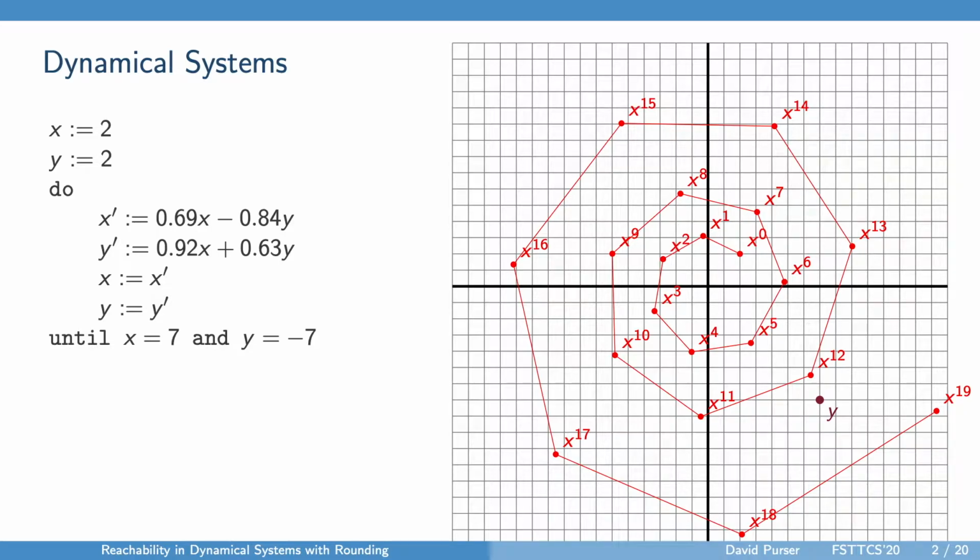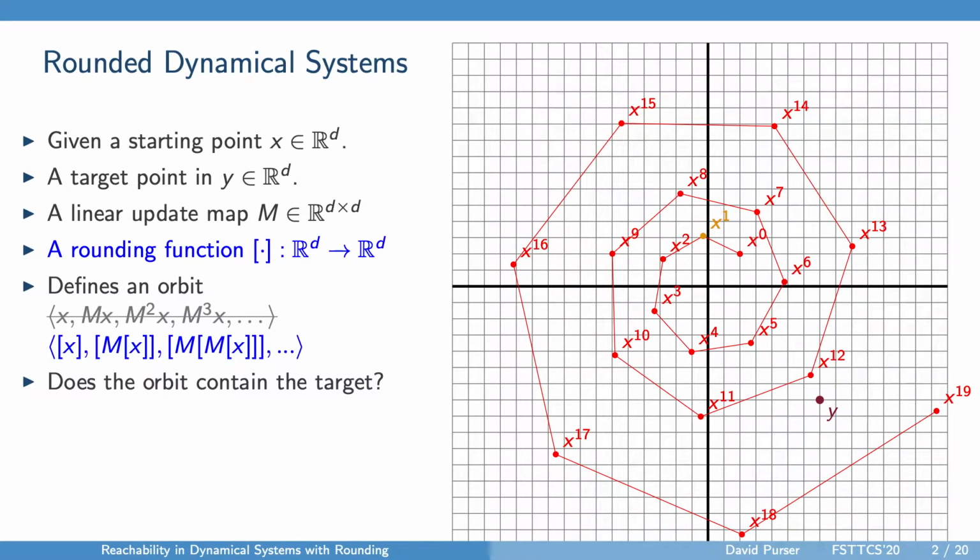They are restricted to finite memory, and computations must fit within this space. And therefore, at each step, rounding is used, at least implicitly, and this keeps the numbers in the finite precision allowed. We study the problem with this rounding forming part of the behaviour of the dynamical system, and in this way we hope to study more realistic behaviours, and therefore we define the point-to-point reachability problem for rounded dynamical systems.